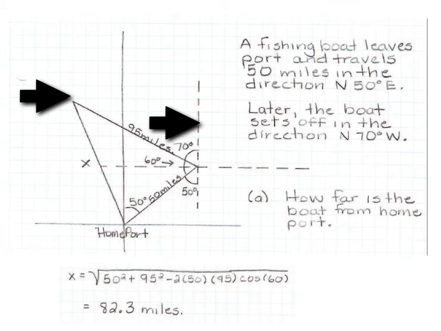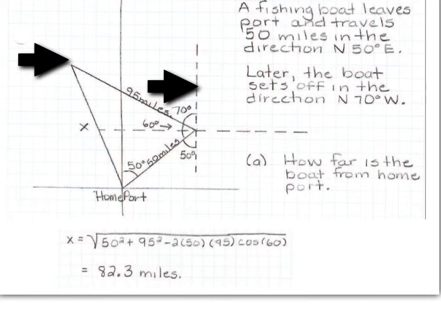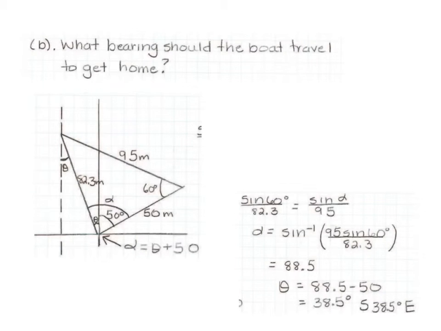So, using the law of cosines, this distance x is equal to the square root of side A squared, 50 squared, plus side B squared, 95 squared, minus 2 times A times B times the cosine of 60, which is the angle opposite the length that he needs to get home. And that's about 83.2 miles. I have labeled that side now as 82.3 miles.